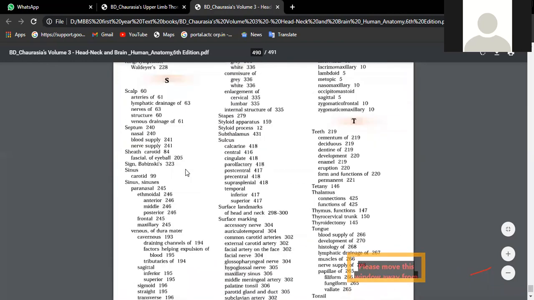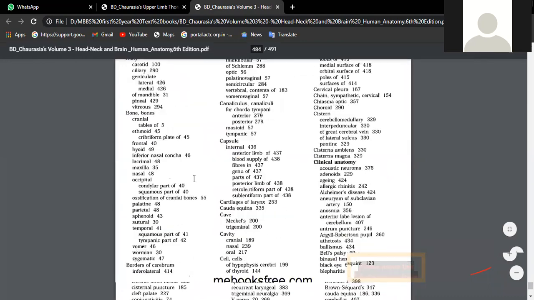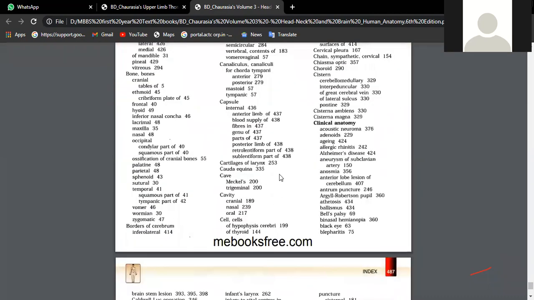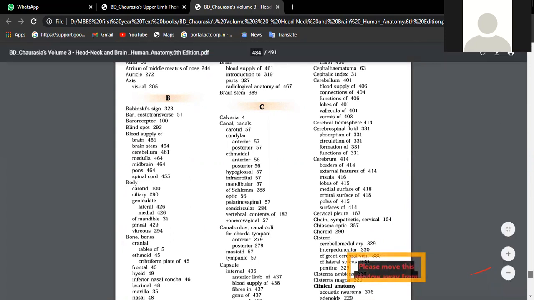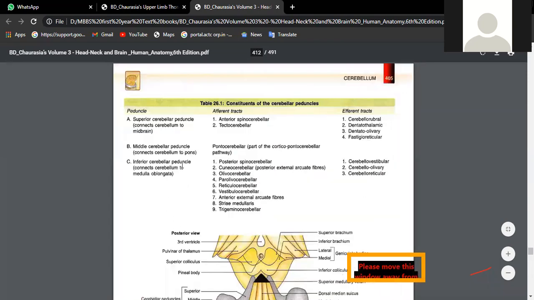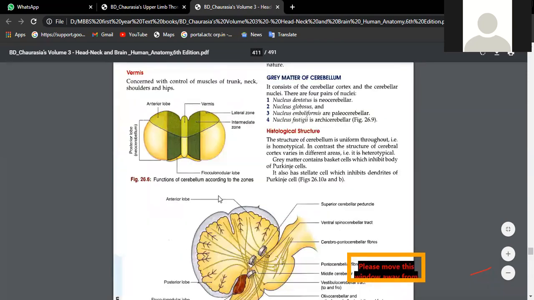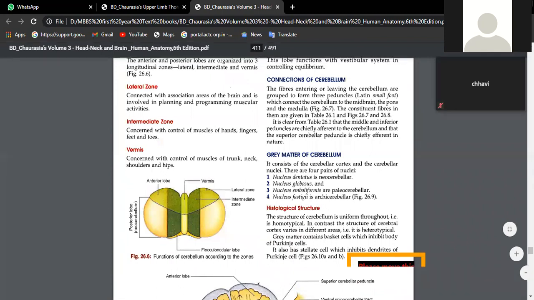Cerebellum. Are you listening to me? Both of you are with me? Ritika? Chavi?